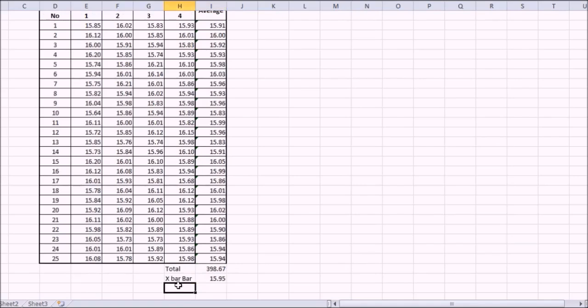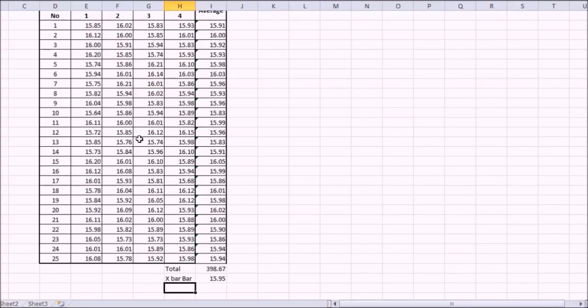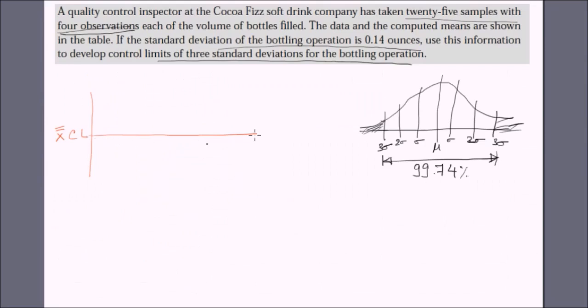Okay, now how to calculate the upper and the lower limits? In a control chart, as I said, a control chart is a graph. In a control chart, we have the central line, and this central line lies at the average of the average, and in our case it is 15.95.